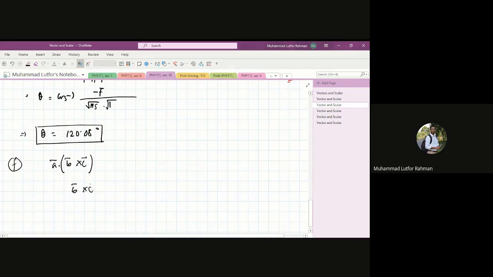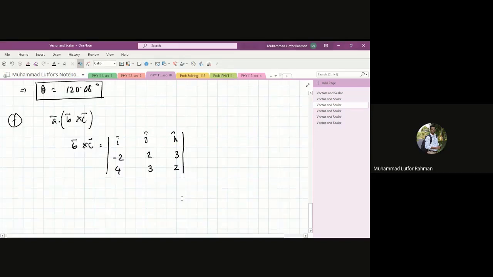So if you do B cross C, I hope you can do that. This is the determinant process: I, J, K, and the vector B coefficients are -2, +2, 3, and the vector C coefficients are 4, 3, and 2, right? Now I'm going to take that cross product. I know you know that. So this is the I component: 4 minus 9.